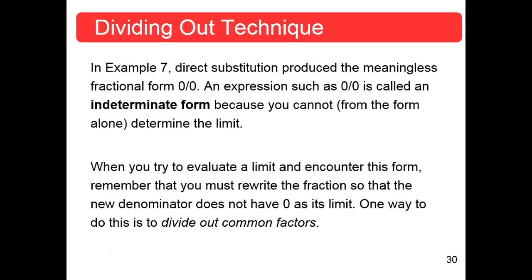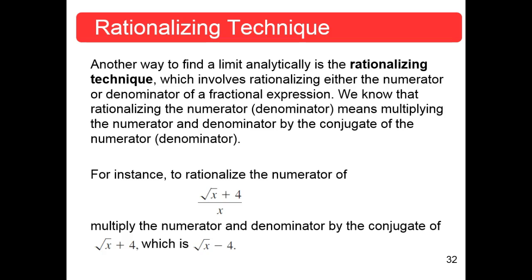Okay. So, the next technique, and we've already done this one too, is the rationalizing technique. Another way to find the limit is the rationalizing technique, which involves rationalizing either the numerator or the denominator. Now, back when we were doing rationalizing of irrational fractions, we always tried to rationalize the denominator.